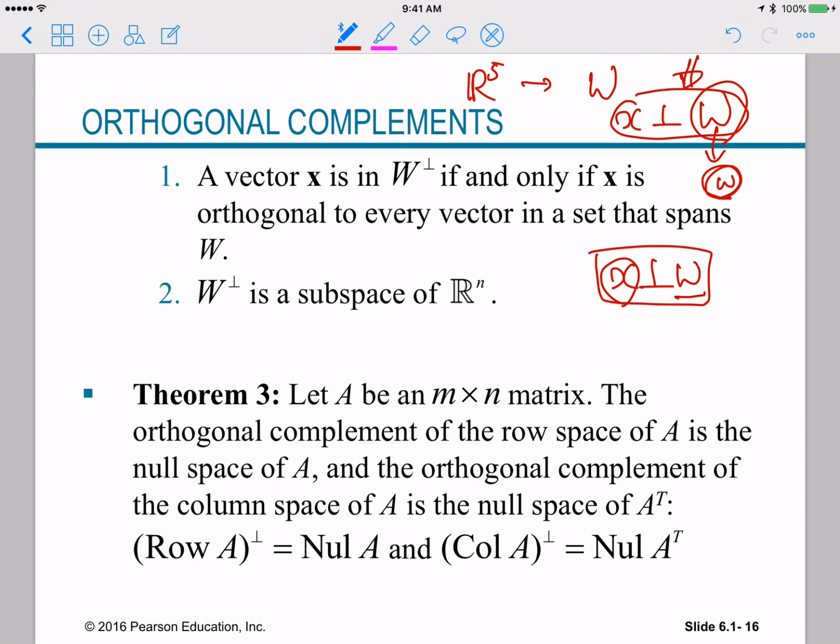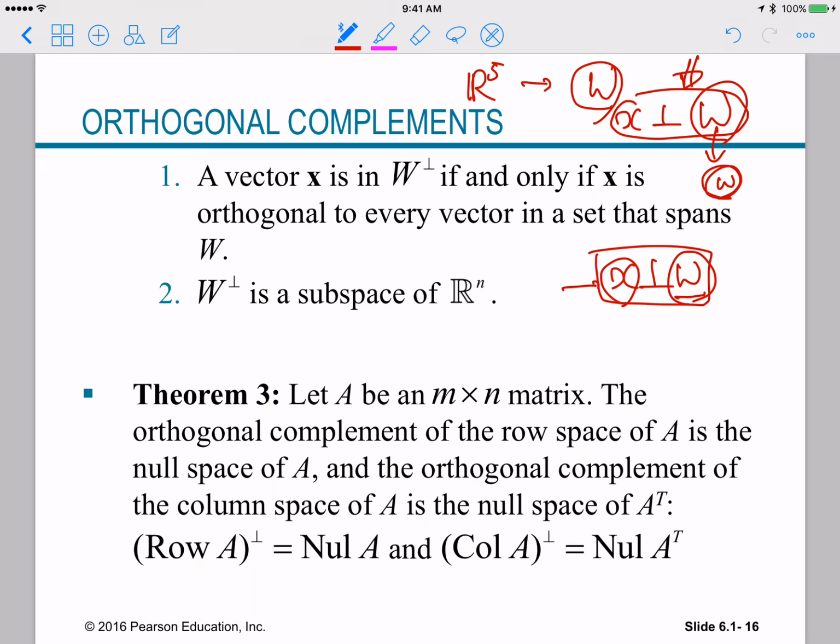Let's think about the way to satisfy this condition, because usually our subspace W contains infinitely many different vectors, so we cannot check if this vector x is orthogonal to all these vectors.